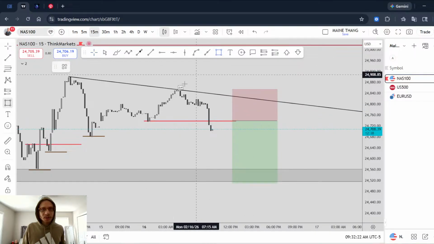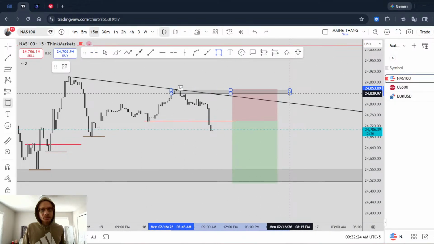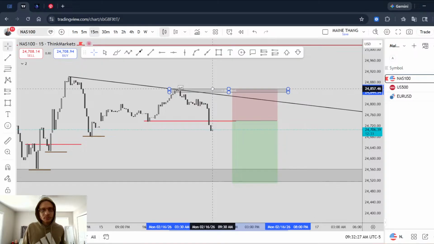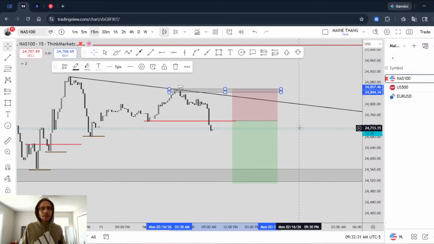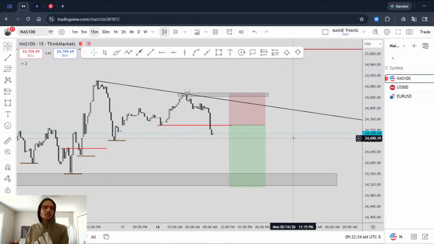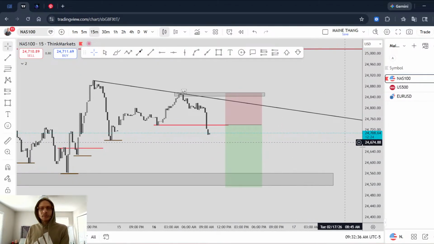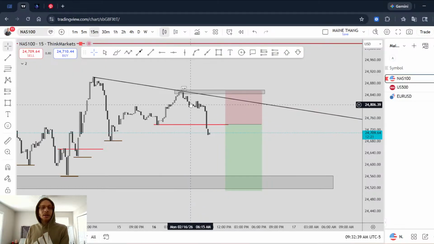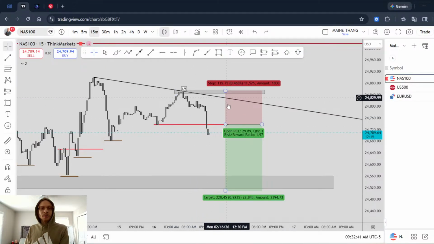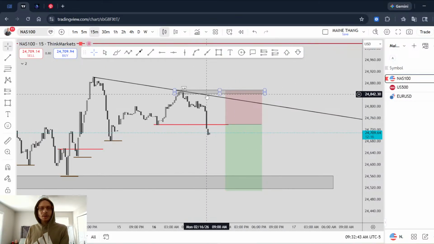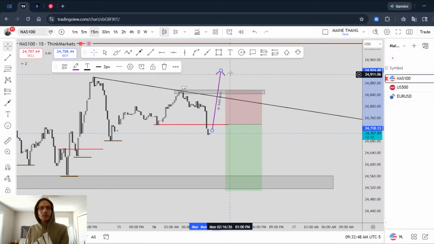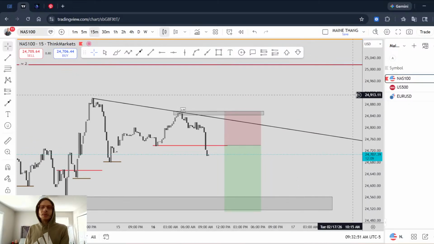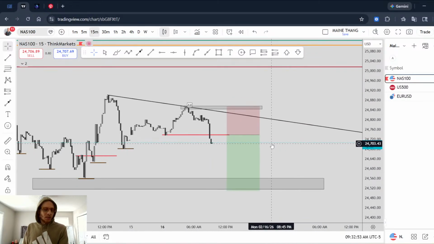And so we don't want to see this be broken. That's why we have our stop there, because price should not. Actually, it could come all the way up to there and still come down, but you don't want to see anything go way beyond it, because then we know price is not doing what we want it to do, so we do not enter.